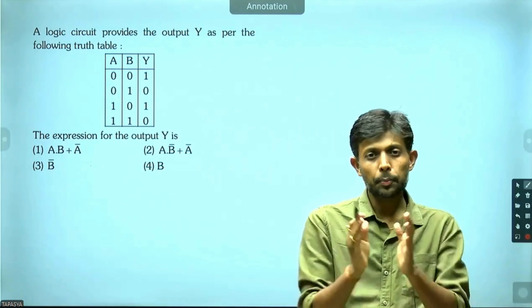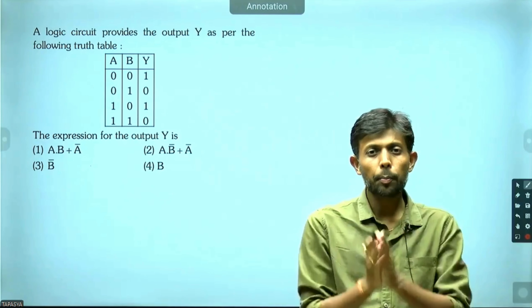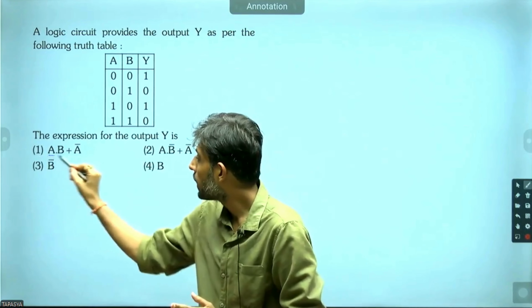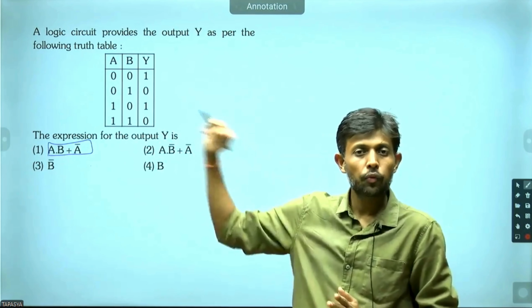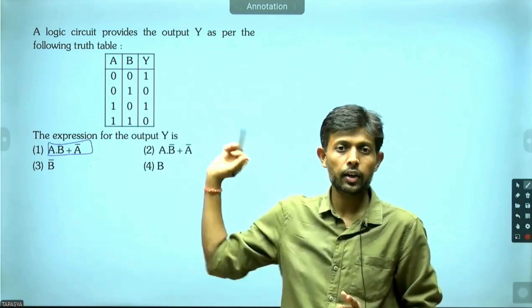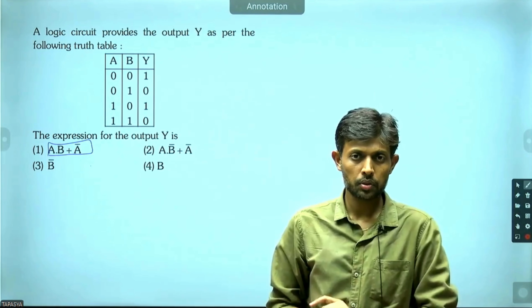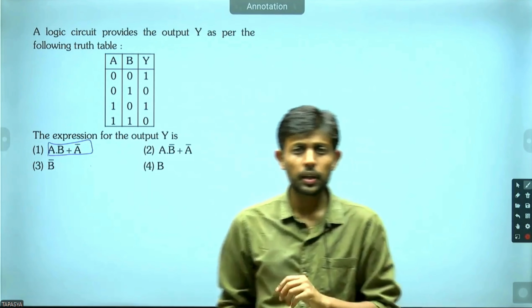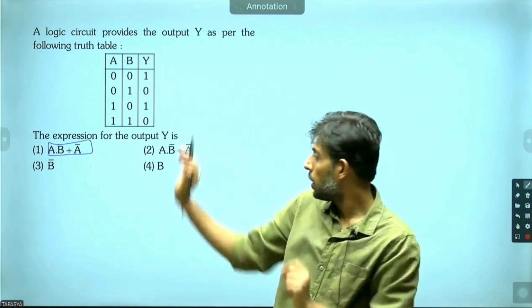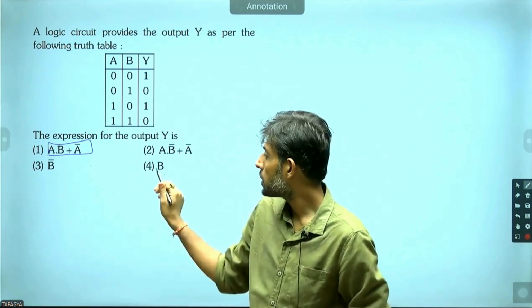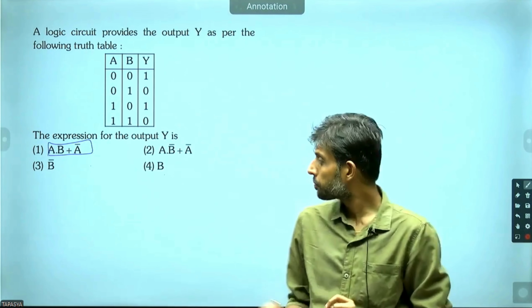So the proper method would be to go one by one. Let's pick one option, draw its truth table, and see if it matches this. If yes, that would be the correct option. Then similarly, go to the next option, see whether the truth table matches or not, and identify the correct option. The other option would be to be a little smart. Just look at the truth table, and let's start with option number 4.